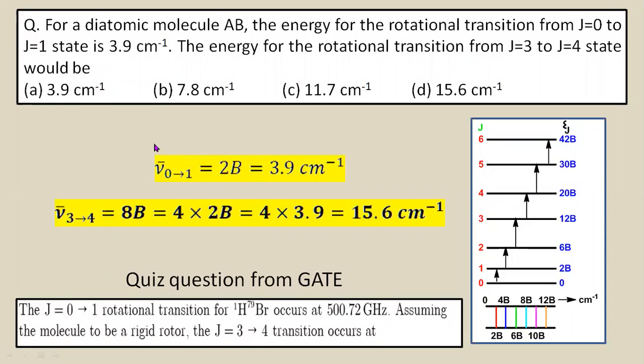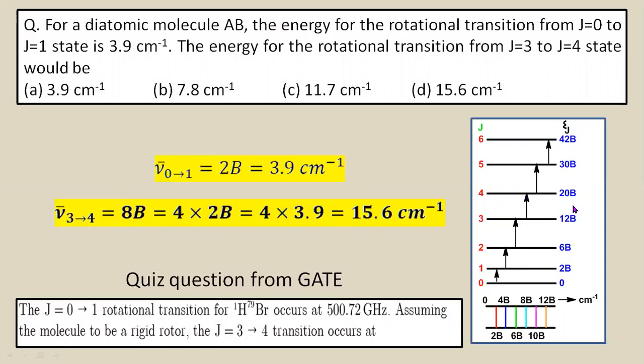Let us first write down what they have given in the question. The energy for the j equal to 0 to j equal to 1 transition they have given as 3.9 centimeter inverse, and we know that the energy for the transition from 0 to 1 is 2B. That means 2B equal to 3.9 centimeter inverse. So we have to determine the energy involved in a transition from j equal to 3 to j equal to 4.